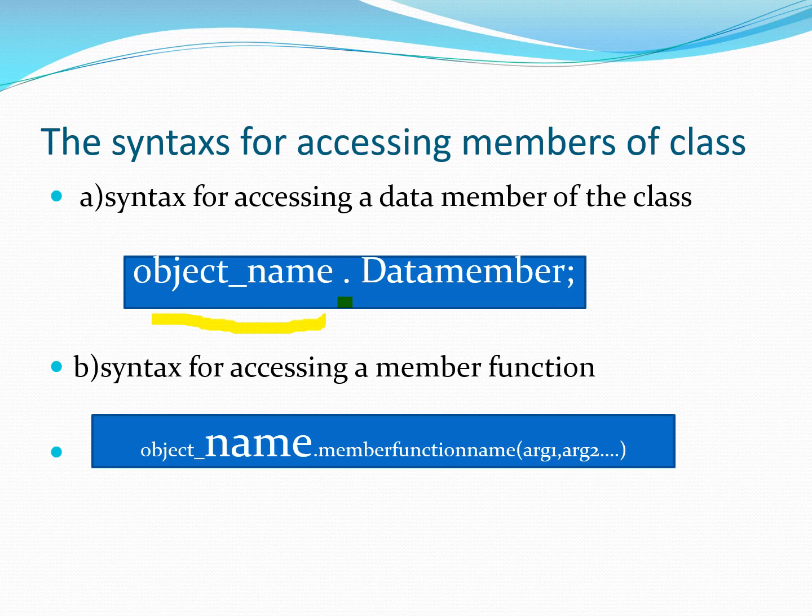Which access specifier is it? The dot operator, which is used to access data members and member functions. Once you go ahead with the syntax for accessing member functions, it is the name of the user defined object, dot, member function, followed by an argument.